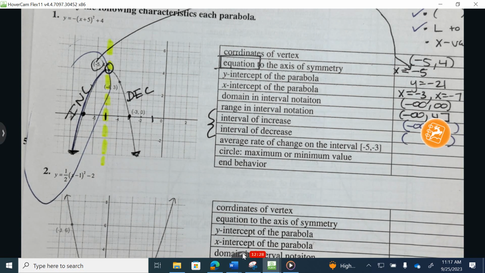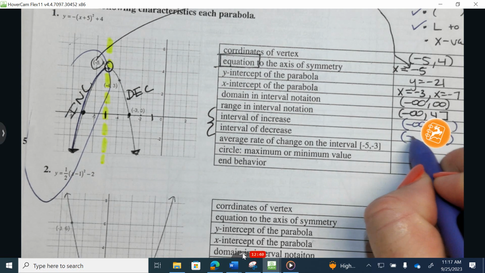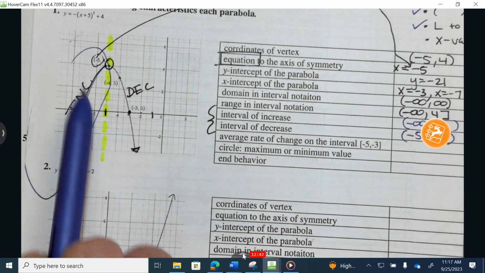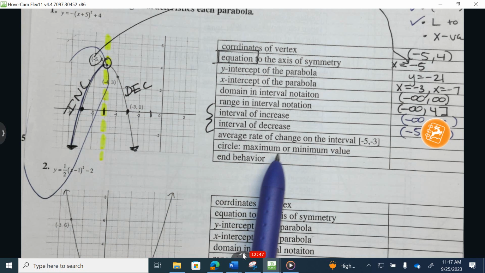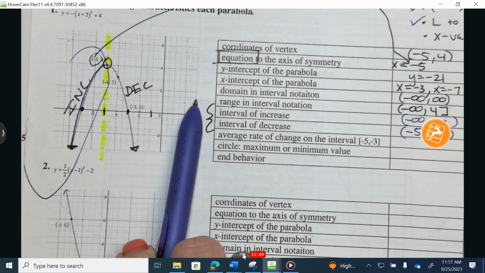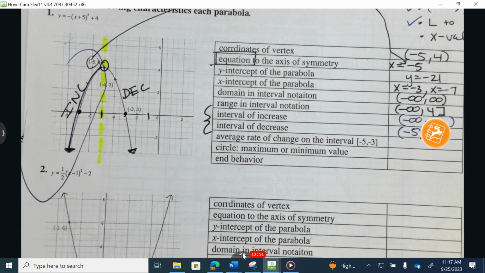At negative 5, it stops, and it takes a rest at the top of the mountain, or the top of our parabola. Then after it leaves negative 5, what's going to happen? It's going to start going the opposite direction and start going down. So in terms of x values, as I move to the right, after negative 5, it is going to go down. As I move to the right, it is going to go down.